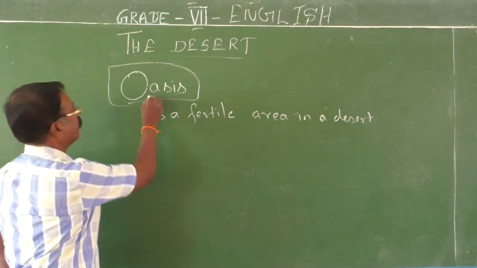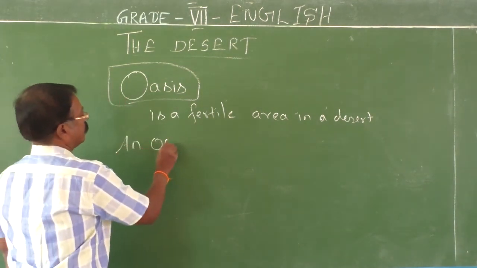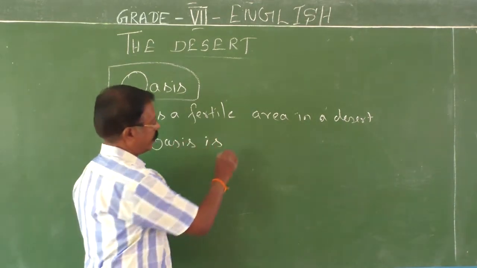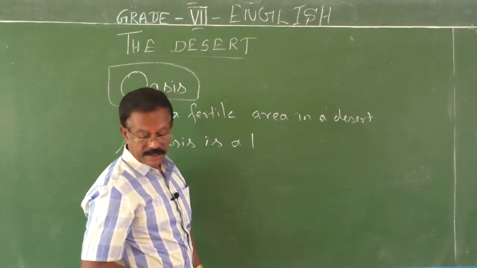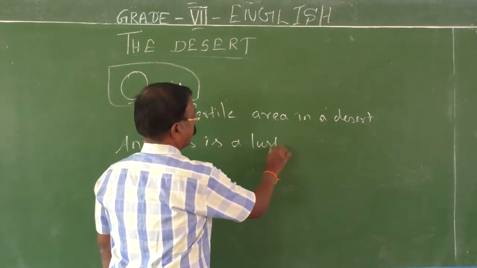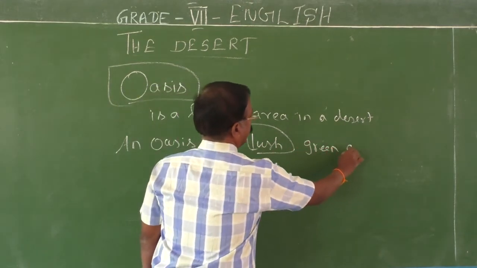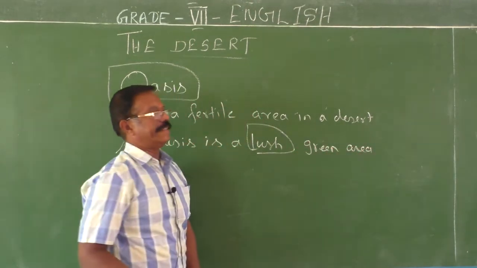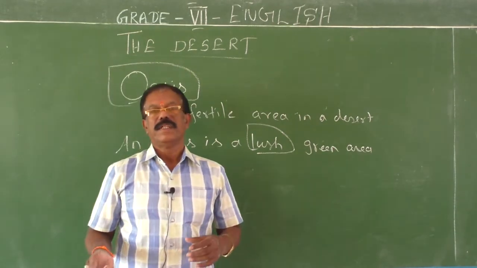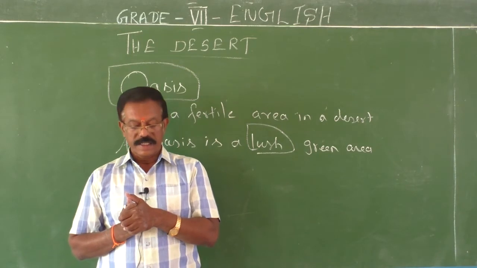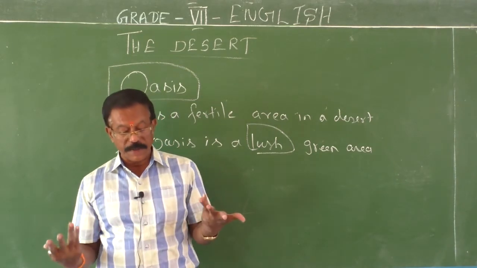Simply you can say an oasis is a lush green area. In this lush green area, you can find some good plants. They get water from underground water sources, and sometimes from natural springs also.